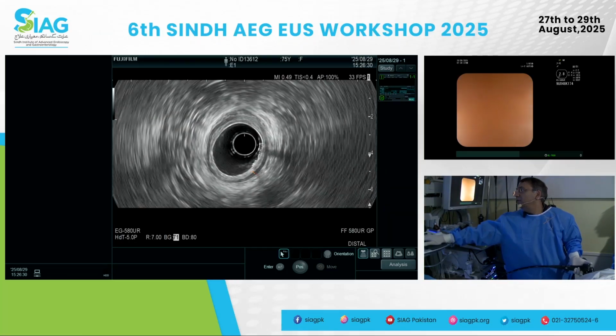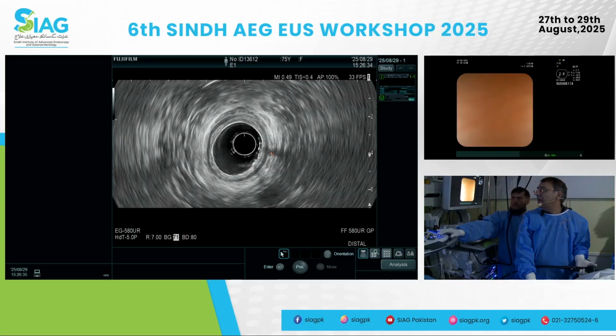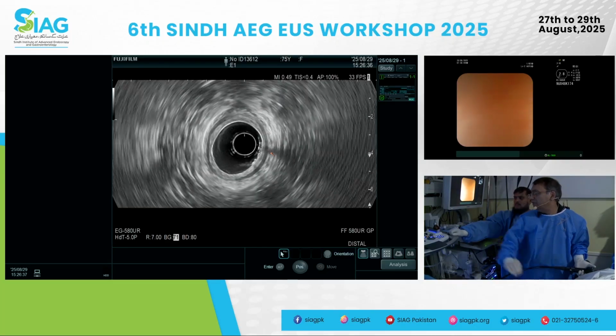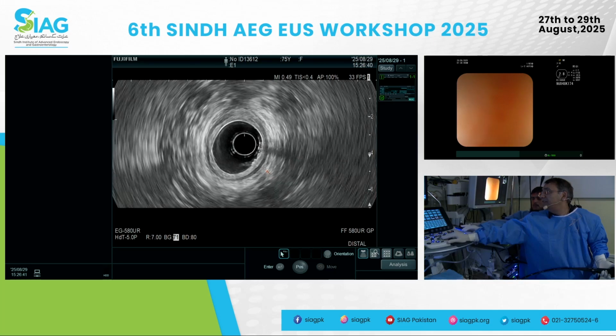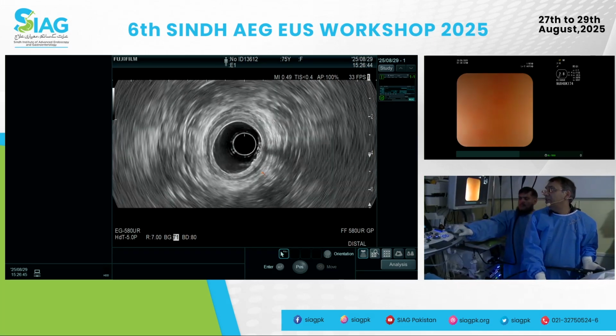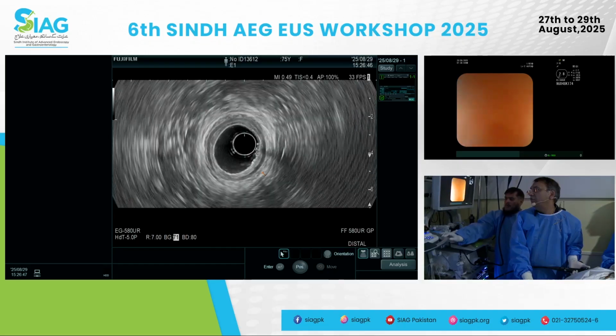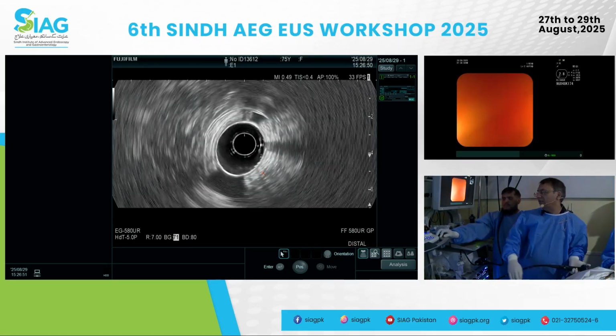I'll freeze this image. Right in this area, pay attention right here. There's going to be another kind of ring area. You see this area? That is the external sphincter right here. They both mingle with each other, and it becomes a bit more fuzzy when we get out. Right there, that's the external sphincter.